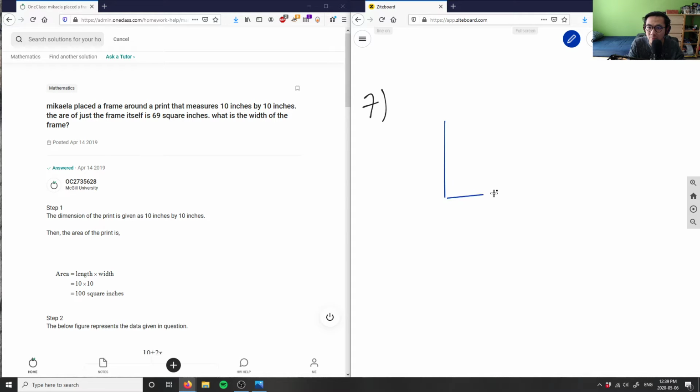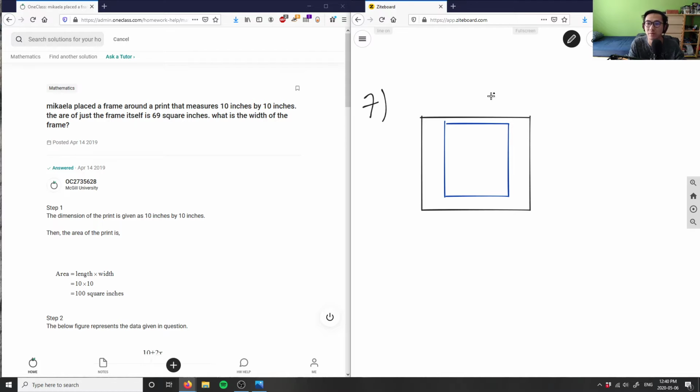No, that's a rectangle. I hope this is a square. Kind of. So this here is my 10 by 10, and then I have a frame here. It's basically going to frame.